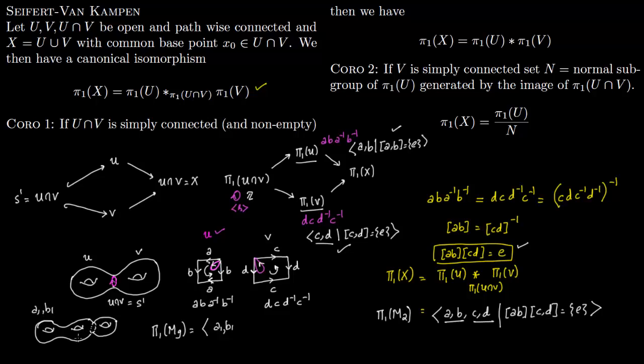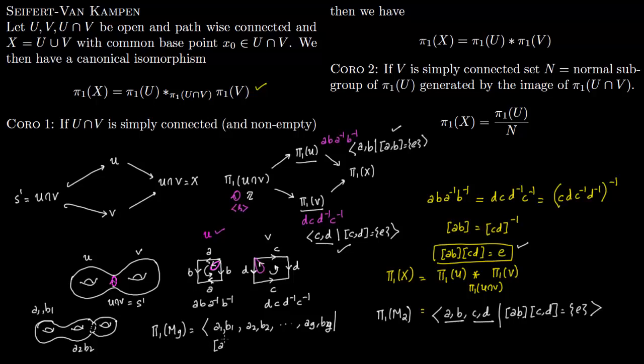The second torus hole is generated by a2 b2. The third hole is generated by a3 b3. So you just write this down. So instead of AB I'm writing a1 b1. Instead of CD we write a2 b2, then a3 b3, all the way to, if there are g holes, ag bg, and all this with these commutators.